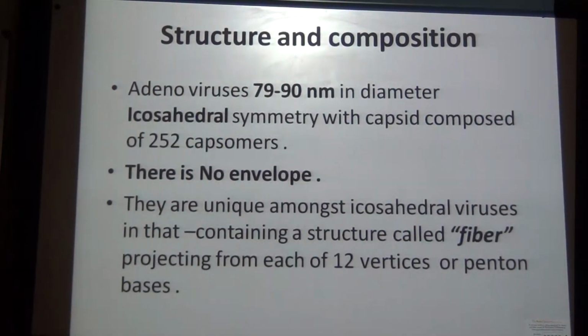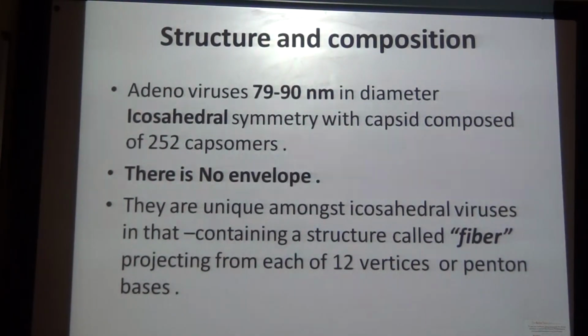About the structure and the composition of adenoviruses, the virus is 79 to 90 nanometer in diameter. This is the size of the virus. And the viruses are icosahedral.